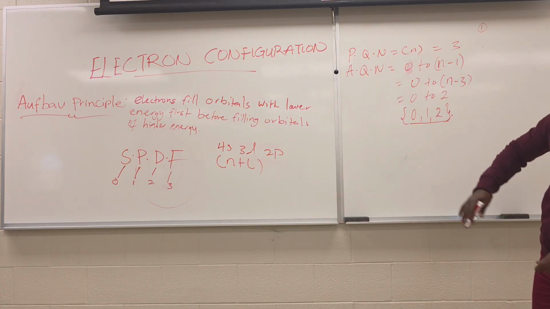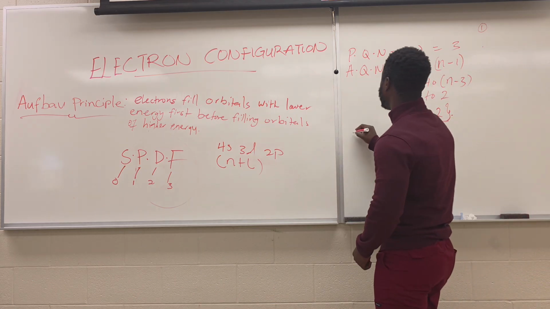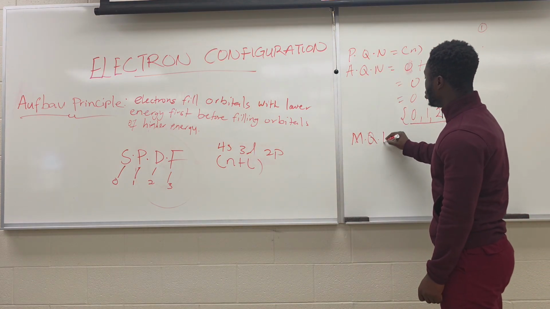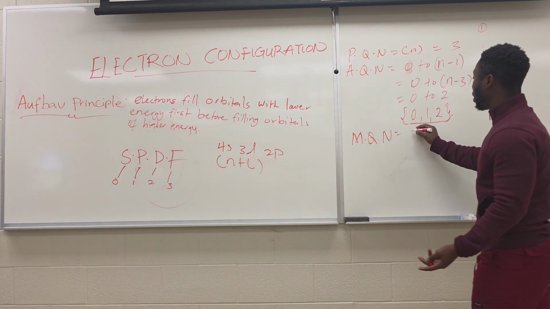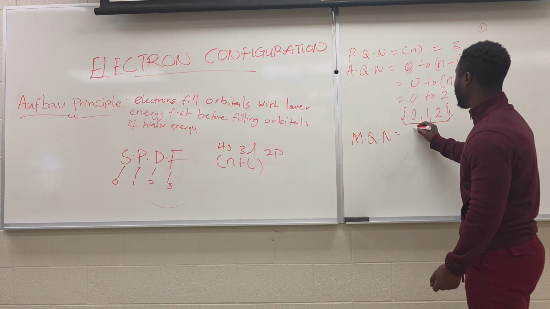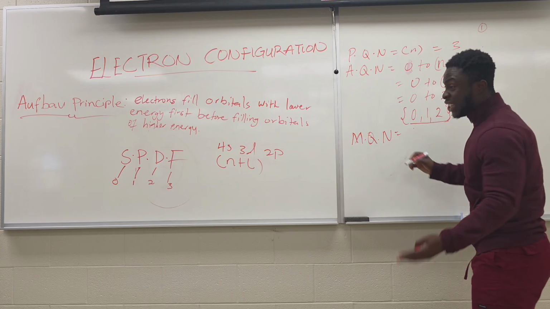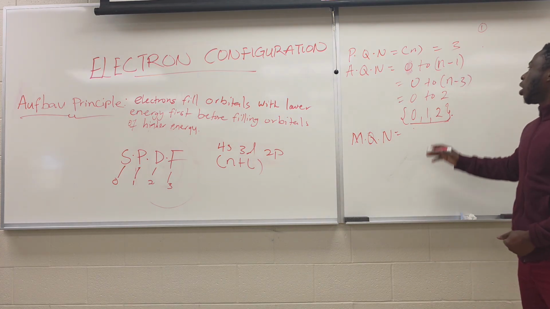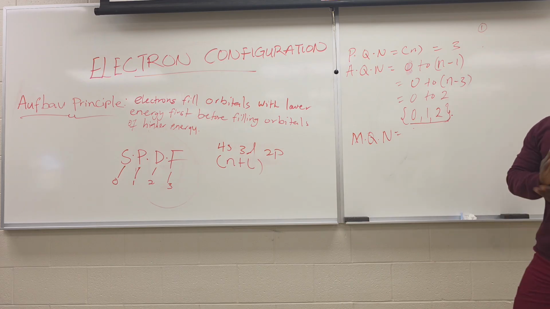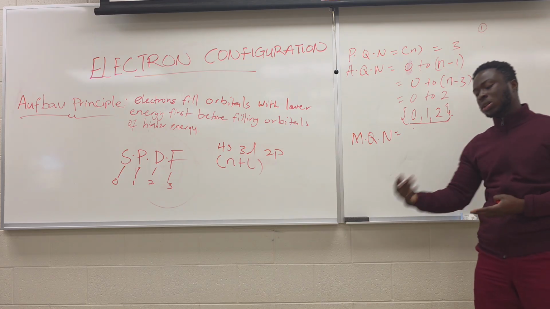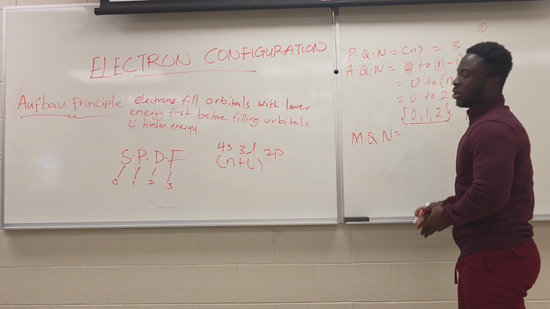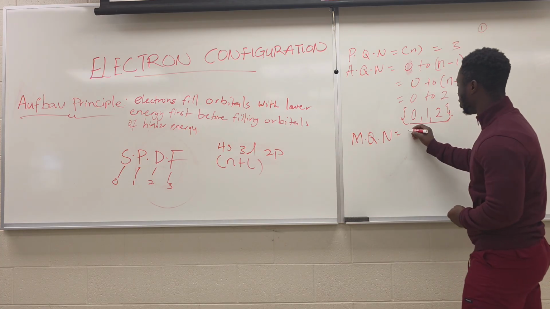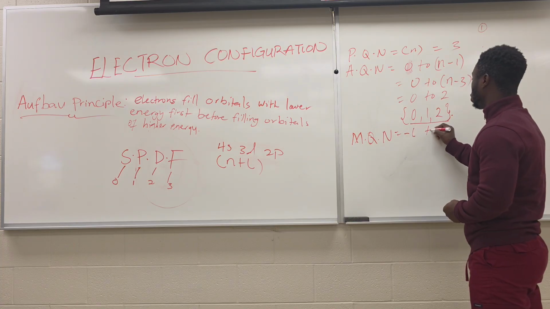Now if you dig down into the magnetic quantum number, it is found by the integers, both negative and positive, of L. So from the negative integer of L to the positive integer of L. That would be negative L to L.